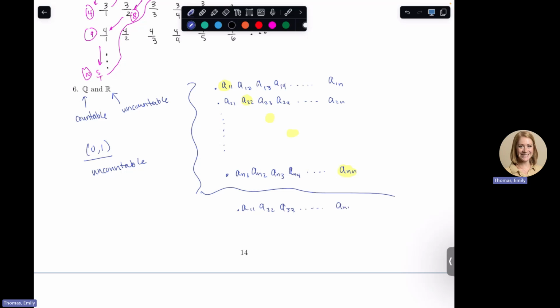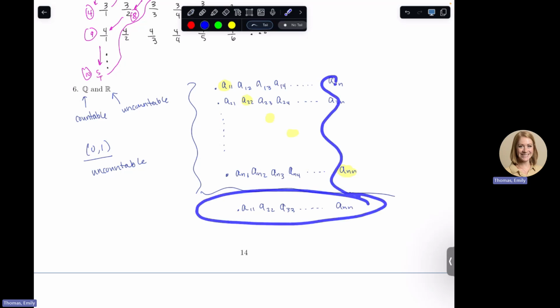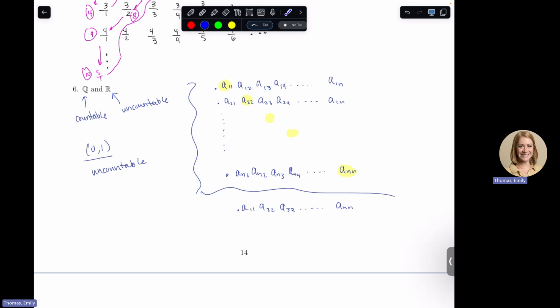Now, the argument here is that this number is in this list somewhere because I listed all of the possibilities, right? So we're going to come up with this other element D. It's going to be D1, D2, D3, all the way up to Dn. Dn is going to be equal to 1 if ANN doesn't equal 1, and 2 if it does.